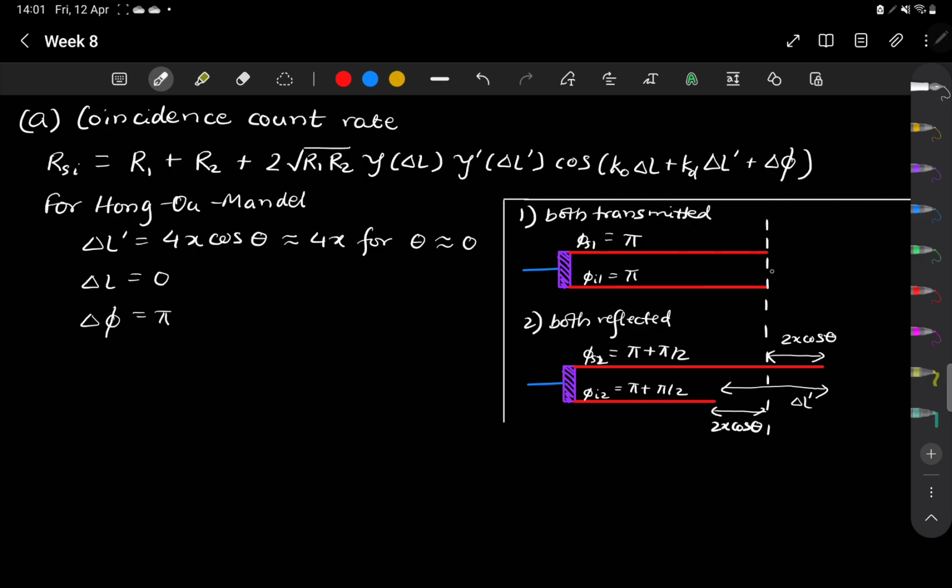Delta L is basically the difference of the paths from here, alternative 1 and alternative 2, and since both of them have this balance at this location, delta L is 0, and delta phi is the difference of the phases for alternative 1 and alternative 2. Now here this extra pi by 2 and pi by 2 over here will add up to give this delta phi of pi, because here pi and here pi and pi are the same.